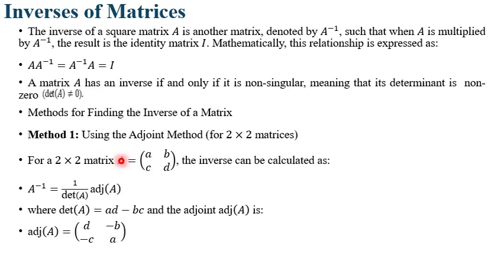So now the adjunct of A, this is it, is equal to D and A have been interchanged as appropriate, and the signs on C and B have also been changed as appropriate. So this is the adjunct of the matrix A.